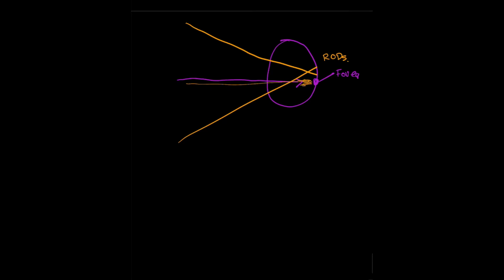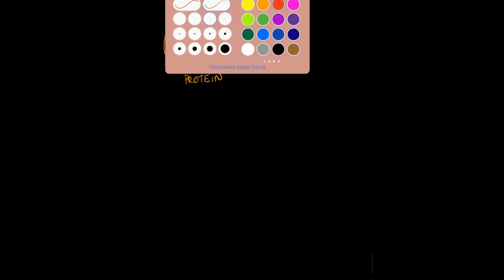Okay, so the next thing we've talked a little bit about previously, and we'll just recap it, is the idea that you have different opsins for different kinds of receptors. As we know, the opsin is the protein part, and in the retina they have a retinal which attaches to the opsin.